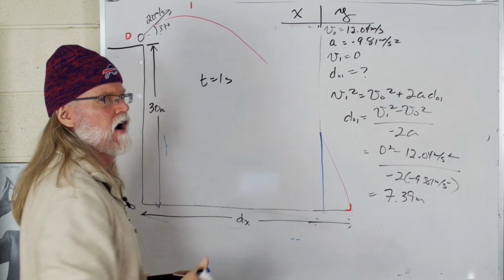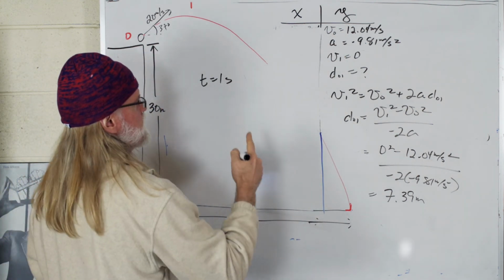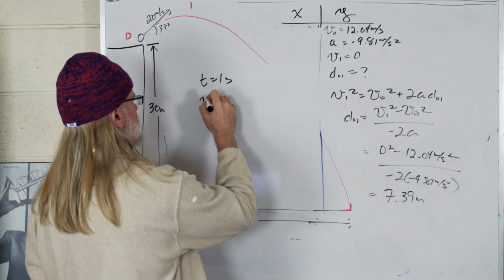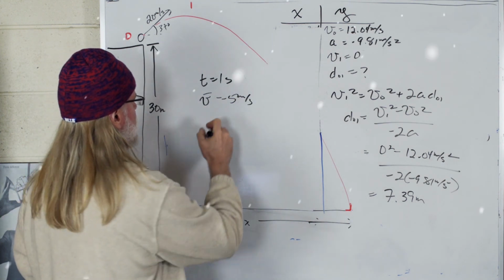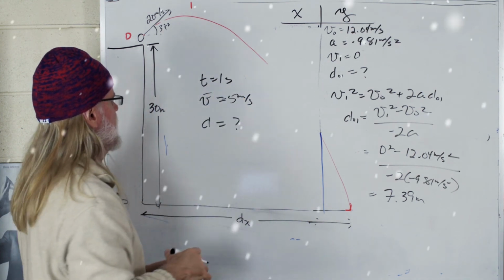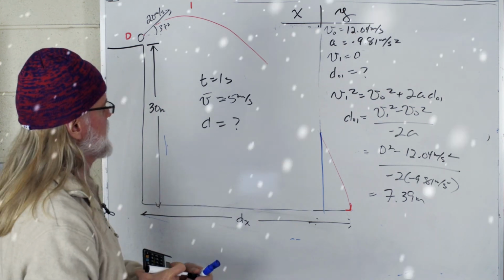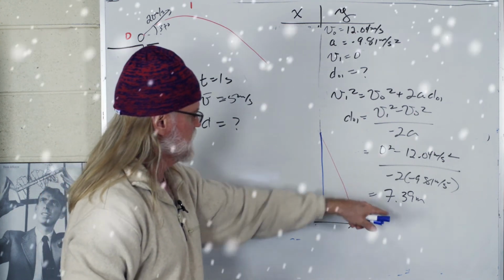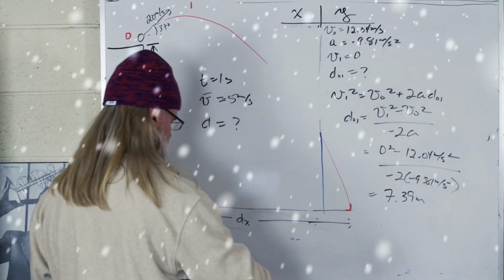This is how I check if it's a reasonable answer. The average speed for that 1 second would be the average between 10 and 0, about 5 meters per second. So going for 1 second at an average speed of 5 meters per second, it would travel 5 meters. This was going a little faster than that, about 12, so 7 meters seems reasonable. Seems like a reasonable answer.